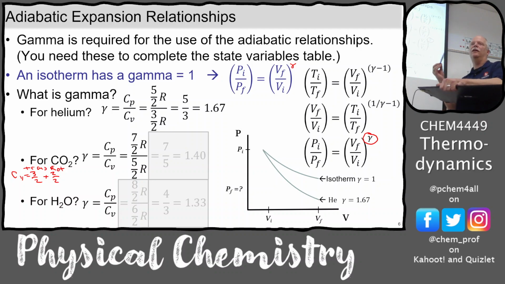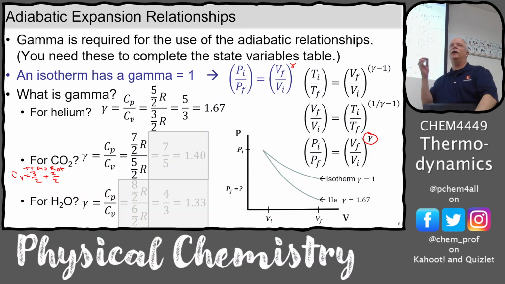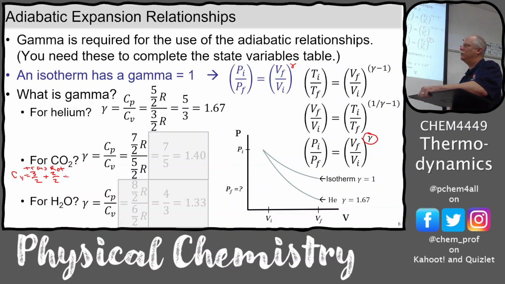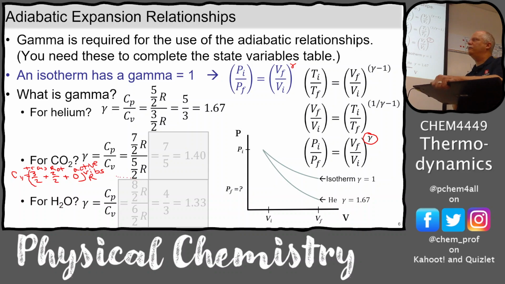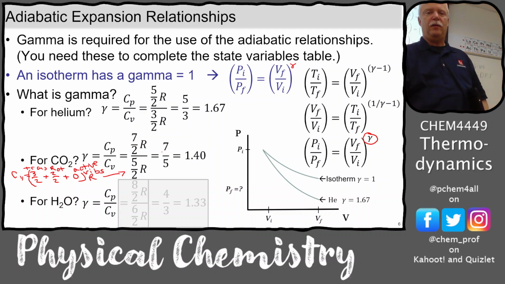It only has the tumbling rotations. So rotation around X or Y. And then vibrations, I would say 0 active vibrations. And all of that's times R. So that's where the 5 halves comes from. And then we add 2 more halves for Cp. Let's add another unit of R, so we end up with 7/5 or 1.4.